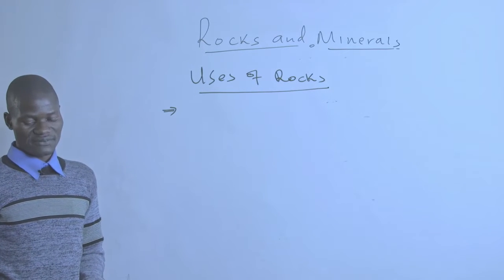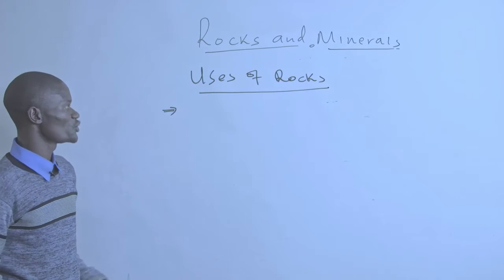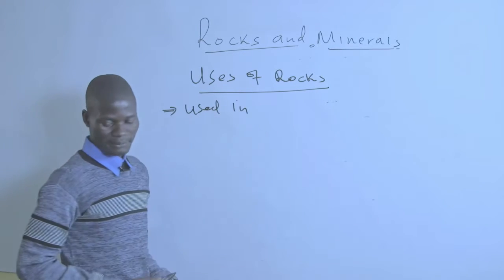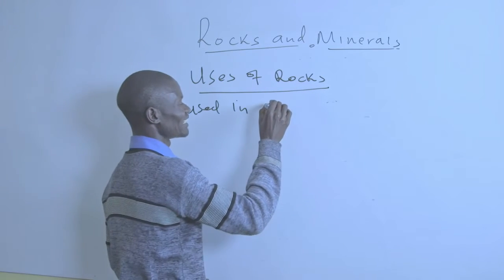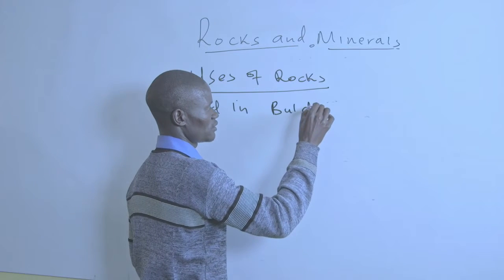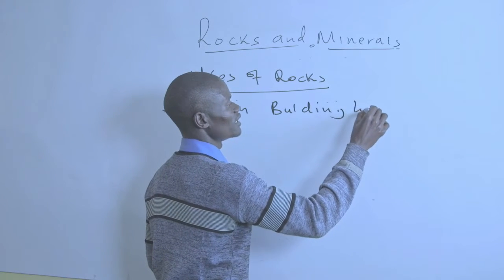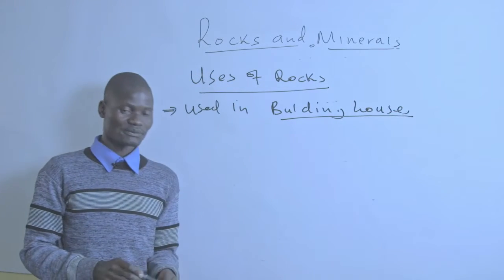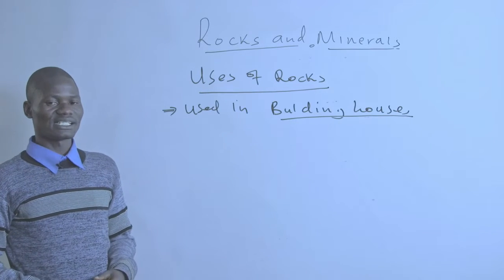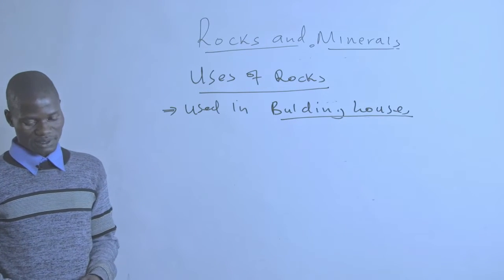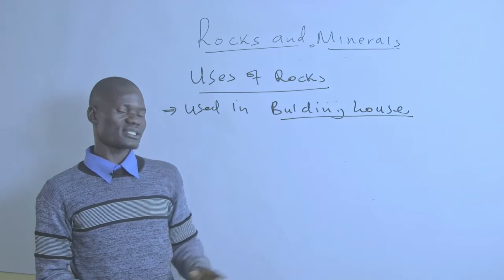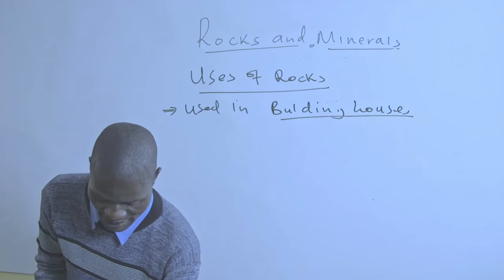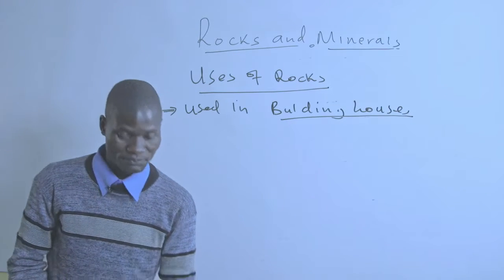That characteristic gives it a pronounced use: it is used in building houses. That one is found in the building and construction industry. The granites are majorly used in building and constructing houses, and roads, if you want the road to be tarmacked, they are used in such areas.